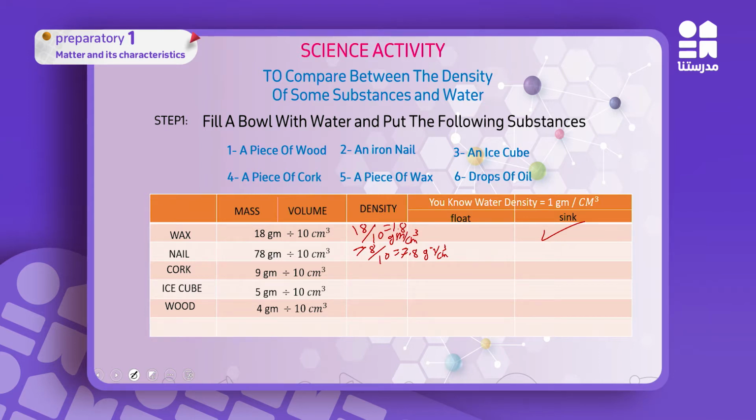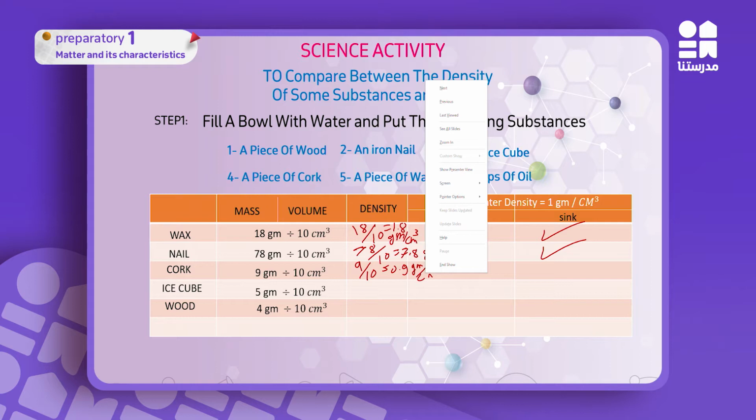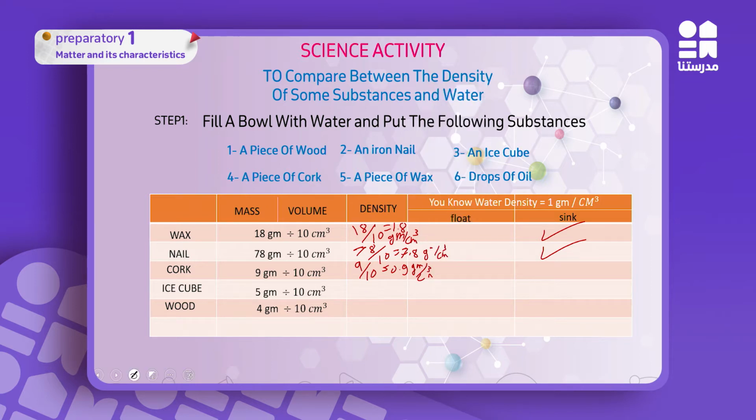Of course, it is heavier. It will sink. Then what about the cork? The cork is 9 gram over 10, which means 0.9 gram per cubic centimeter. So what does this mean? Is it lighter or heavier? 0.9 is less than 1, so it will float.